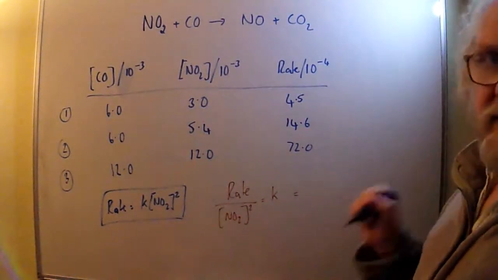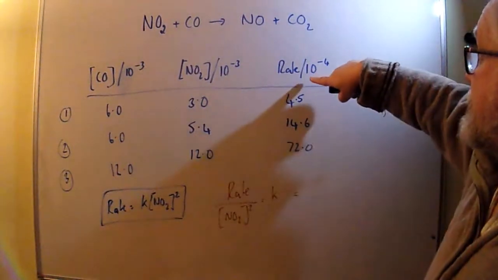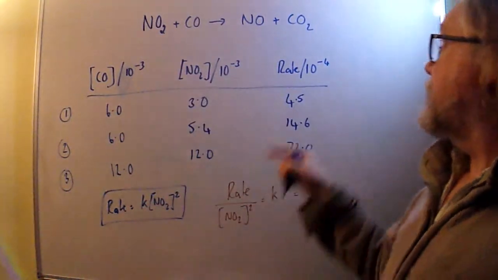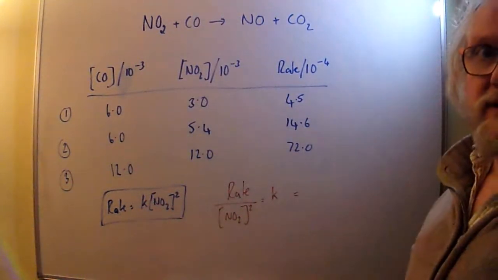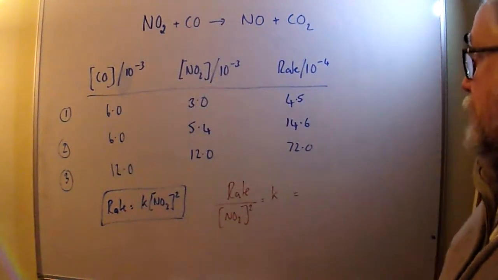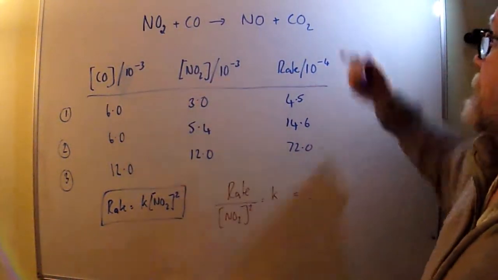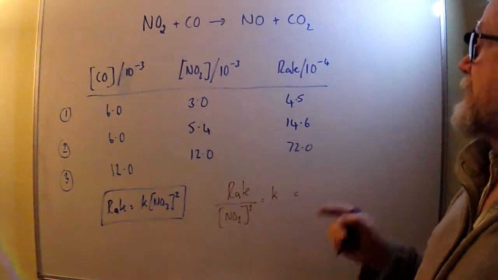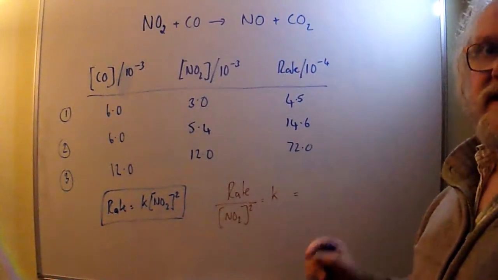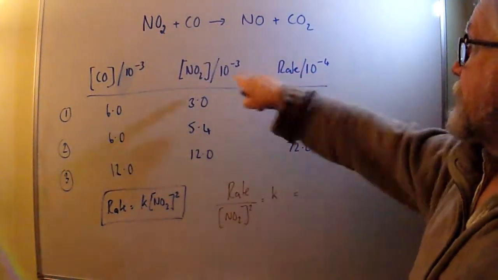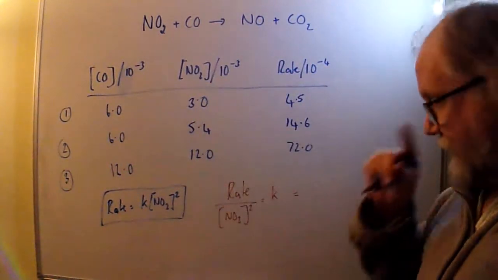So the rate, now this is where you've got to be really careful, because you can see from the column headings that both the rates and the concentrations have been divided by a power of 10. And therefore, to restore that to its original value, you've got to multiply by that power of 10. So you've always got to check, every time you have a data table, every time you have labelled axes on a graph, you've got to check for those powers of 10, because that's a very common thing.